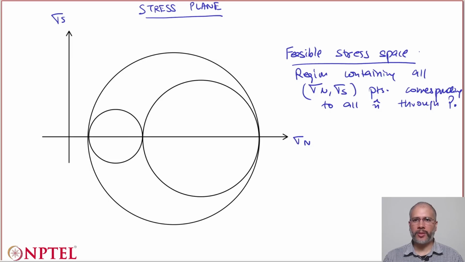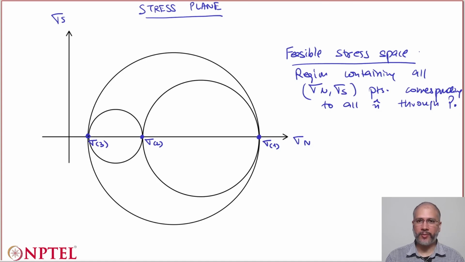So the aim in this exercise of Mohr's circles is to find this feasible stress space that helps us visualize what will be the values of sigma n, sigma s for a given stress tensor sigma at a point P. We will be deriving the equations, but I want to discuss what we'll get in the end and what it looks like. These are the three circles called the Mohr circles, and the points at which they intersect the sigma n axis are basically the three principal stress values, sigma 1, sigma 2 and sigma 3.